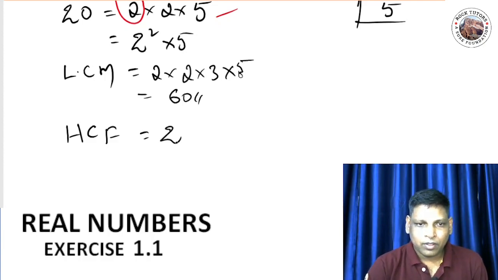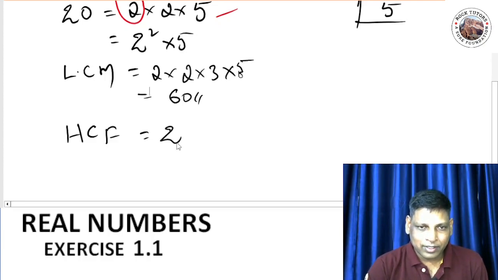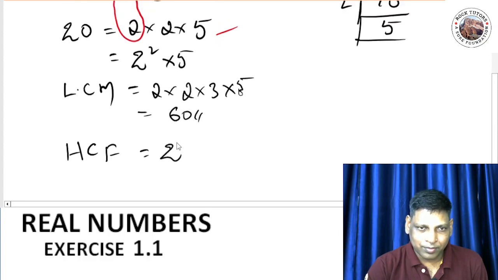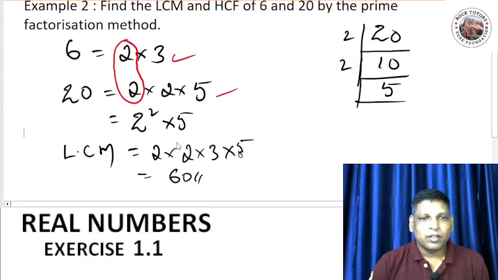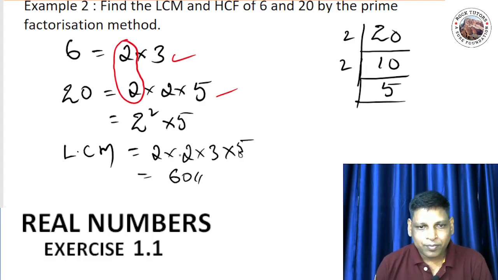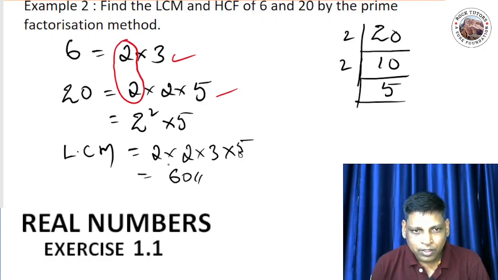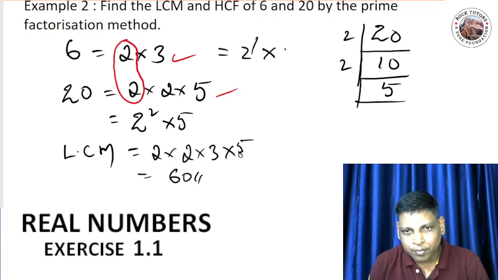Now, what do you observe here? I wrote the numbers in powers. Once again I am writing this: 6 is 2 power 1 into 3 power 1, and 20 is 2 square into 5 power 1.